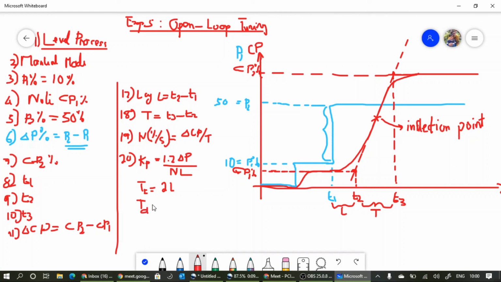Td is equal to 0.5 into L. So Ti is the integral time, that is equal to 2 into L, and Td is equal to 0.5 into L. From this one you can calculate Ki. So what is Ki? Ki is the reciprocal of Ti. And what is Kd? Kd is exactly equal to Td. So Kd equals Td, that is 0.5 L. Okay. So this one is the procedure.